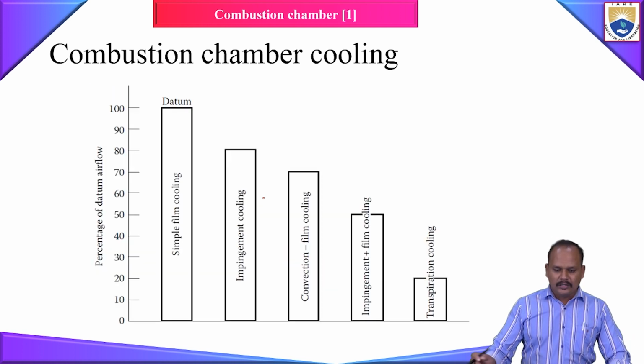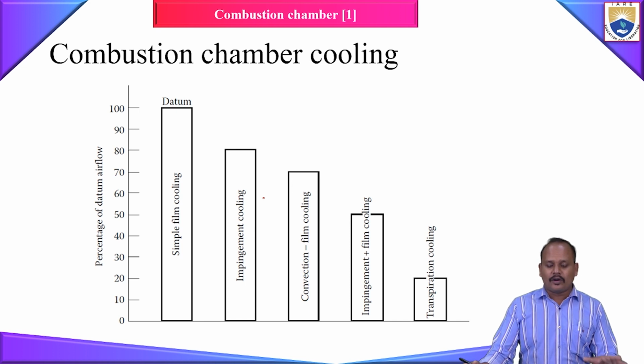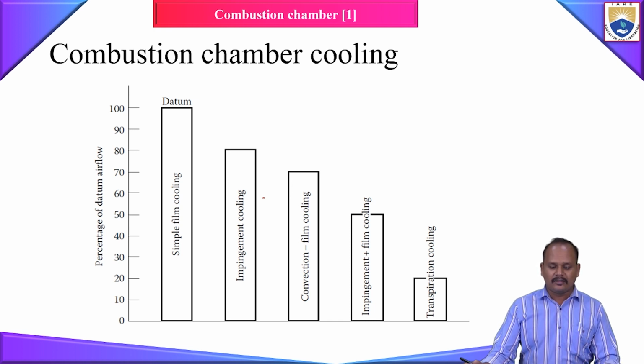This is the graph which shows, for the different types of cooling techniques, how much percentage of air we require. Let's say we have simple film cooling, the oldest type of cooling.